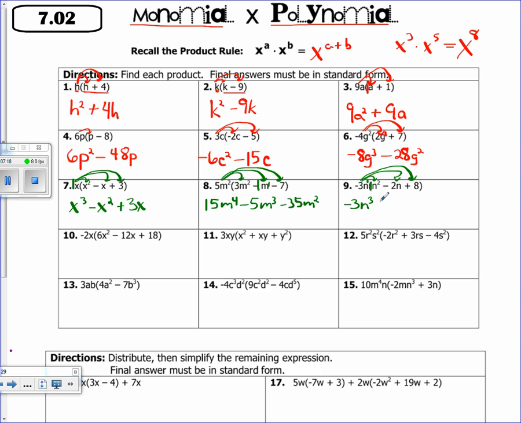So that's going to become a plus. And then 3 times 2 is 6. And n to the first times n to the first, we have 2 n's now, so that's n to the second. Again, multiplying by negative, so that sign's going to change. So that's going to become a minus. And 3 times 8 is 24. N times no n is just going to be n.